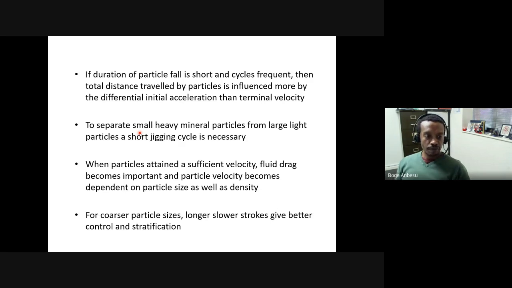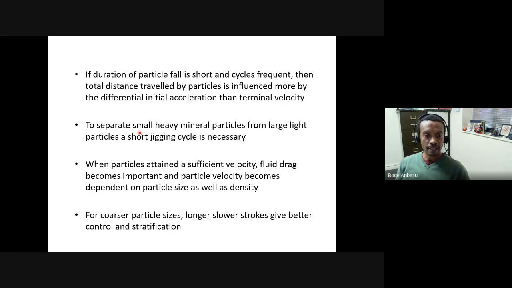How about if particles travel longer at a higher velocity? Then it's a different story. Now, in addition to density of particles, their size becomes important. So particles fall not only according to density, they also start to fall according to their size.